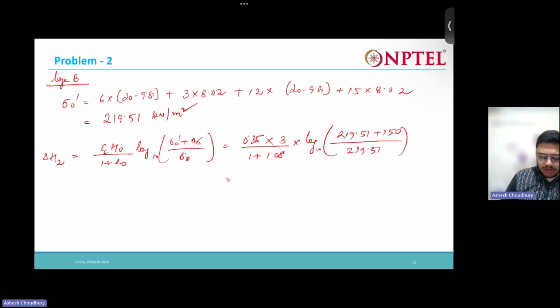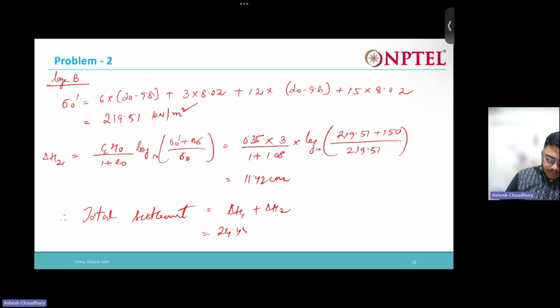Obviously, because the change in stress is very less. So here we will get 11.42 C. Okay. Therefore, total settlement. Okay. So that's it. So very quite simple only, right?